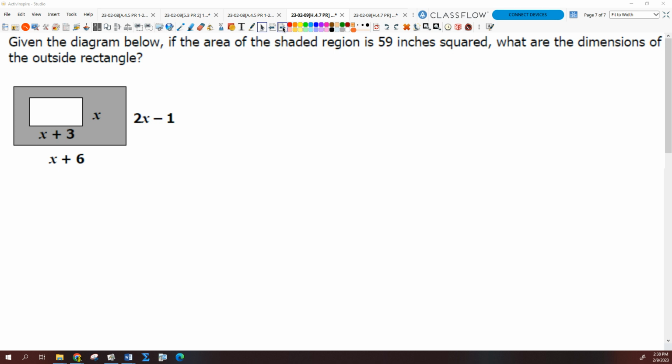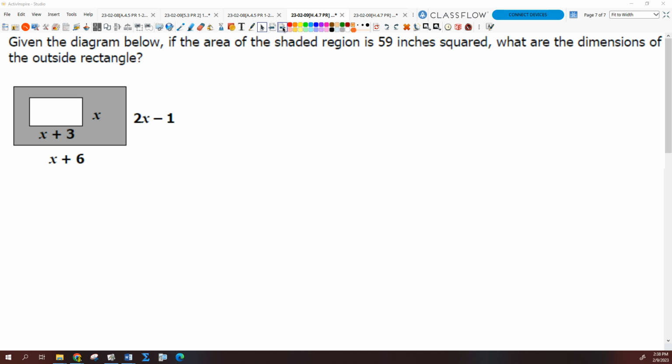And we'll just set it up. If the area of the shaded region is 59 square inches, what are the dimensions of the outside rectangle? That's a good one.